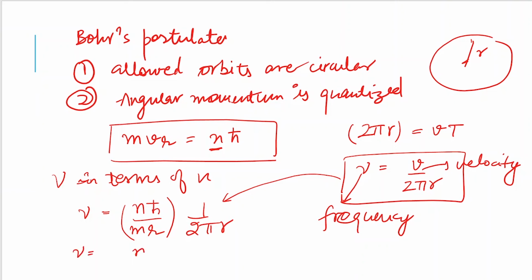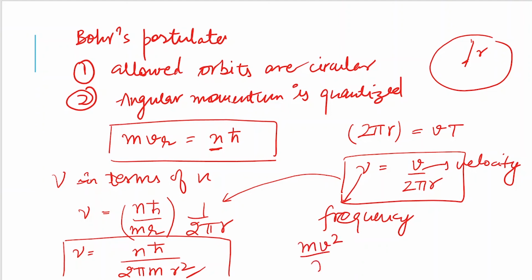So we have to find r in terms of n. We simply equate the centripetal force with the Coulomb force. Here Z is equal to 1 for hydrogen.